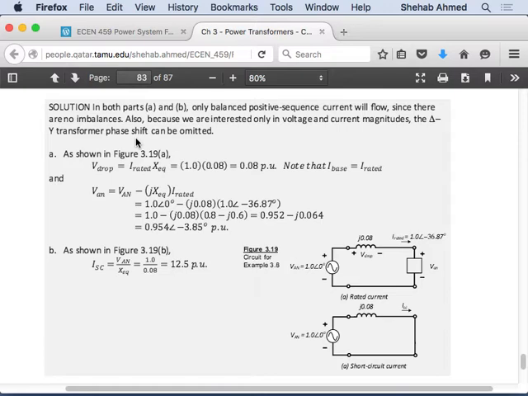Like in the exam I have on the website, I think I said that in the problem statement, right? Can somebody confirm? The exam that I have on the website, I said ignore transformer phase shift in the problem statement. I may be lying, right?